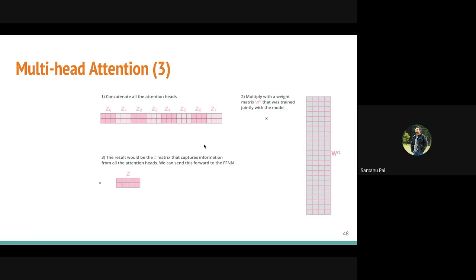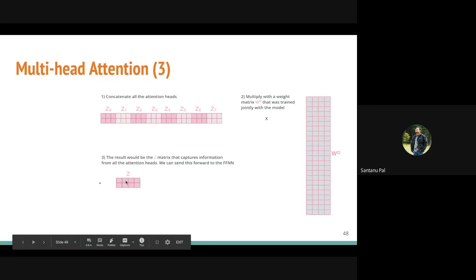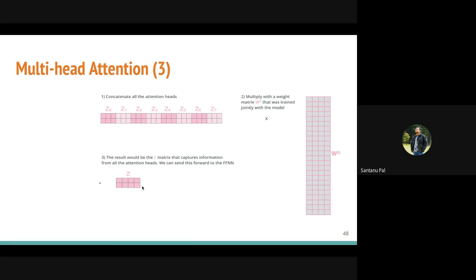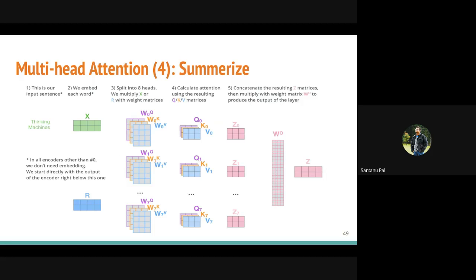The feed-forward network receives a specific size of vector, so we have to scale this. That is why we multiply by another trainable weight matrix, which after multiplication provides the output vector. So finally we have 2 by 4, the same dimension as the input matrix.